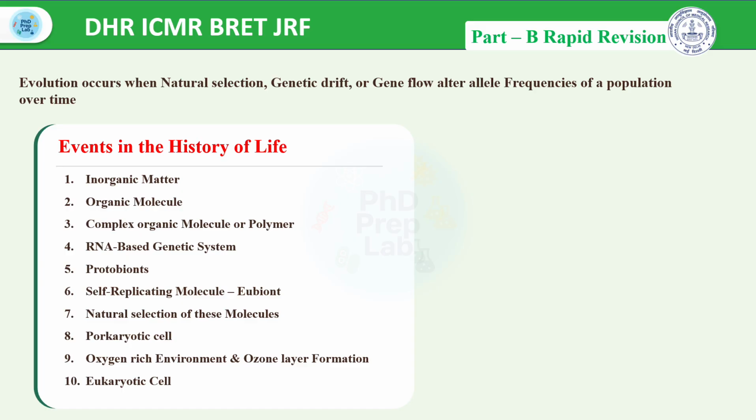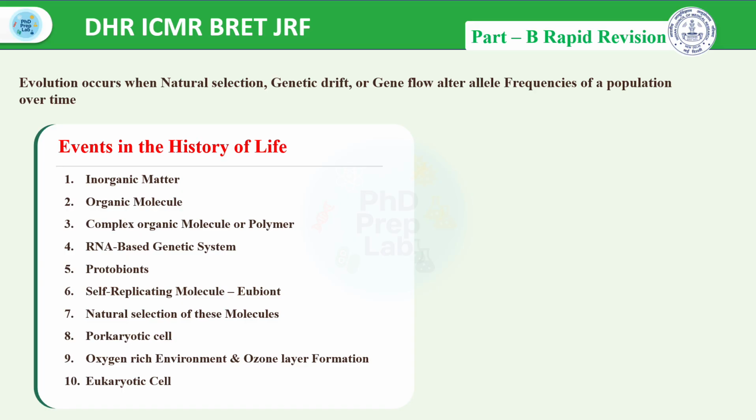The molecules favored by natural selection developed into the prokaryotic cell, and then an oxygen-rich environment and ozone layer formation developed on Earth, and that later gave rise to the eukaryotic cell.